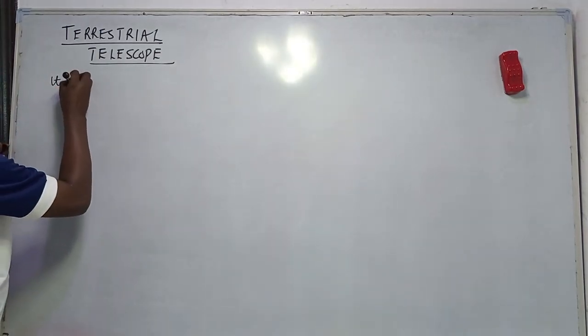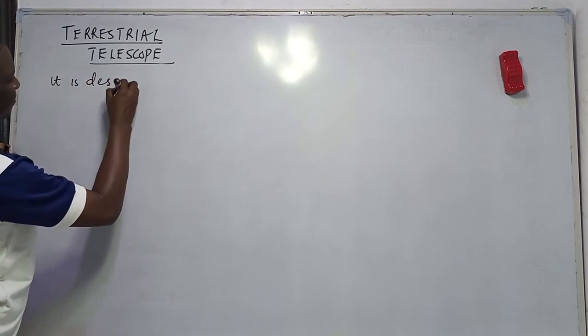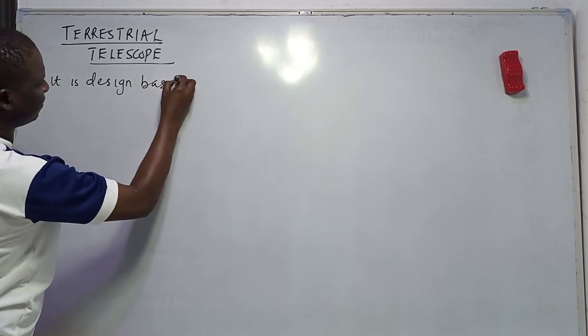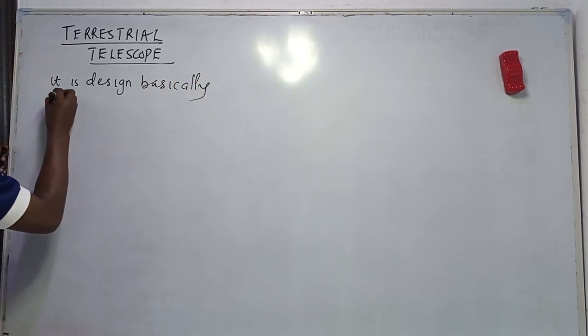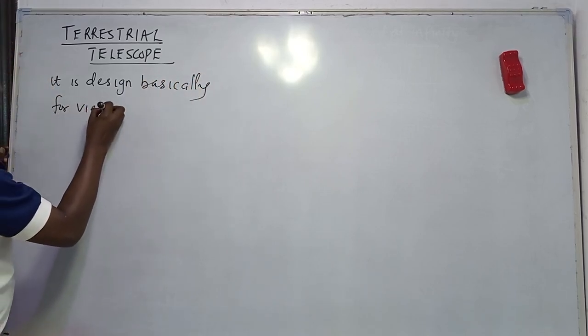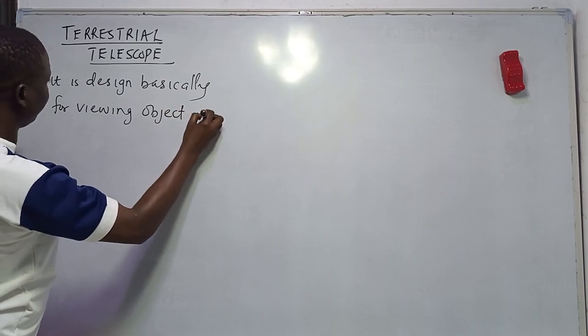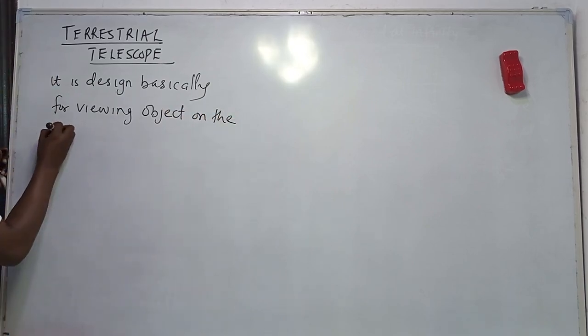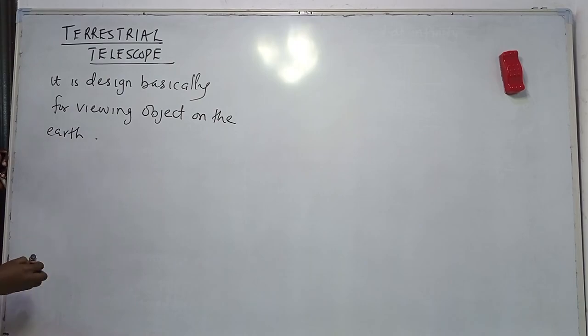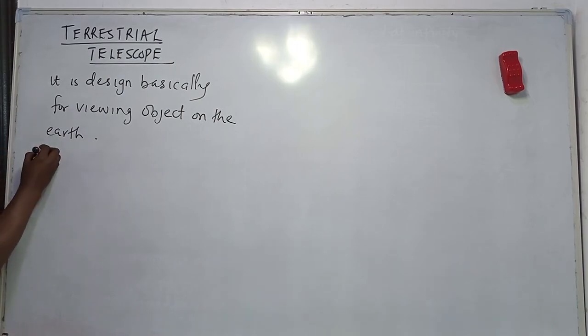It is designed basically for viewing objects on the earth. And how many lenses does it use?